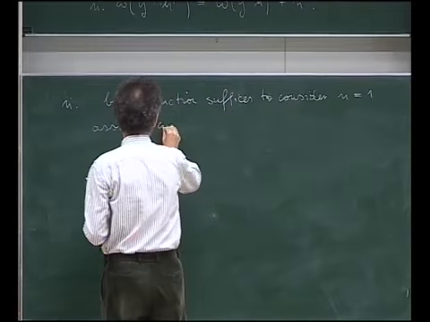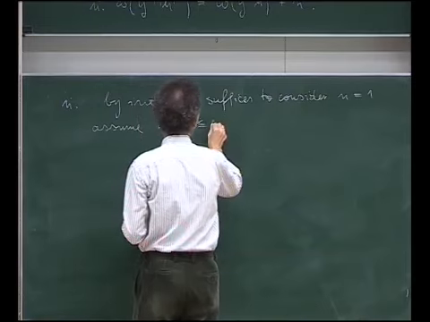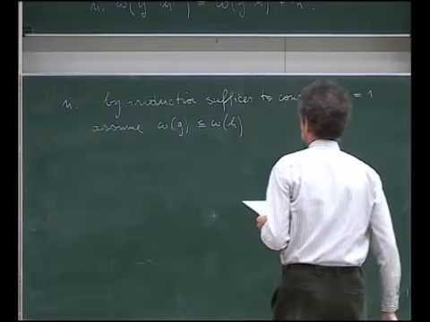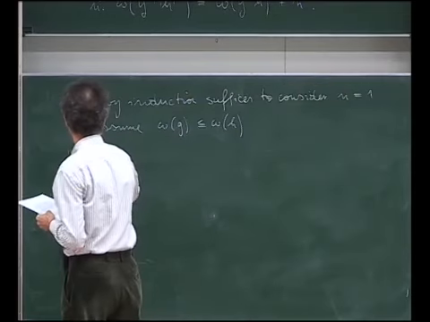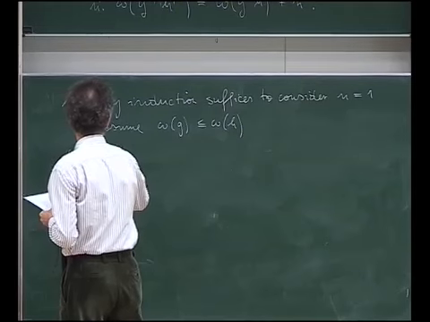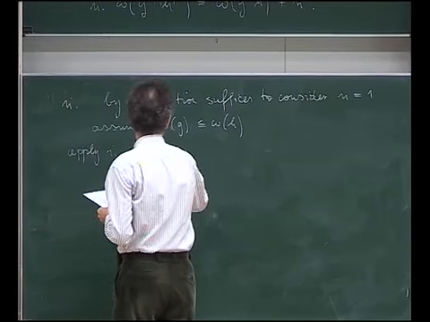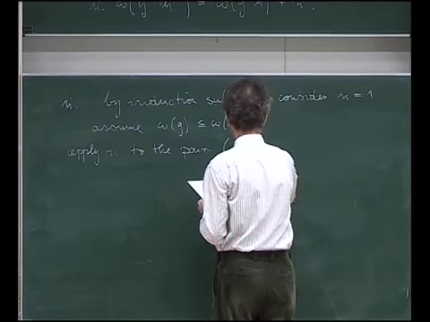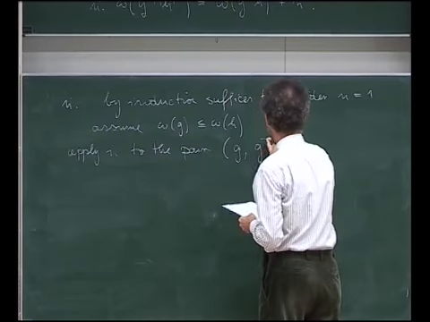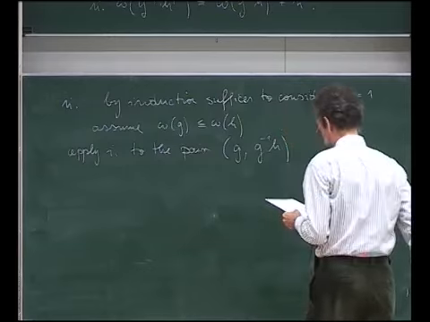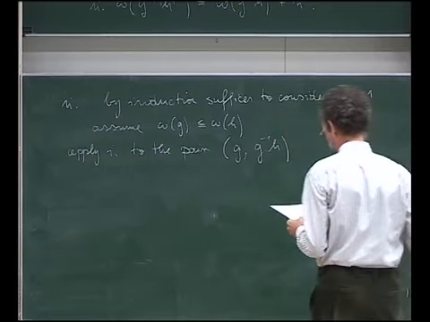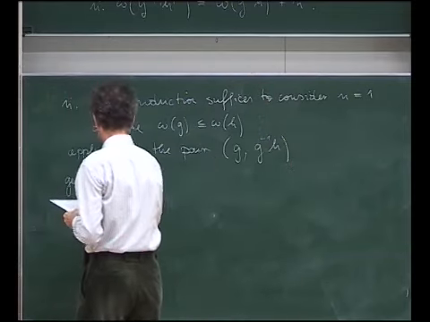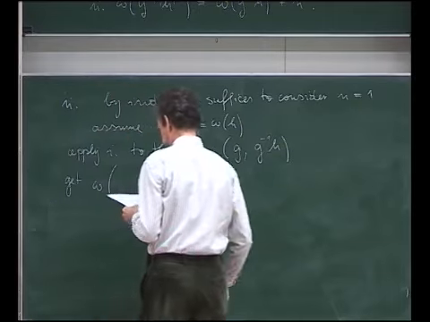And let's assume, by passing to the inverses, the order of g and h doesn't matter, so assume that omega g is the smaller one. And now apply E to the pair G and G minus 1 H.